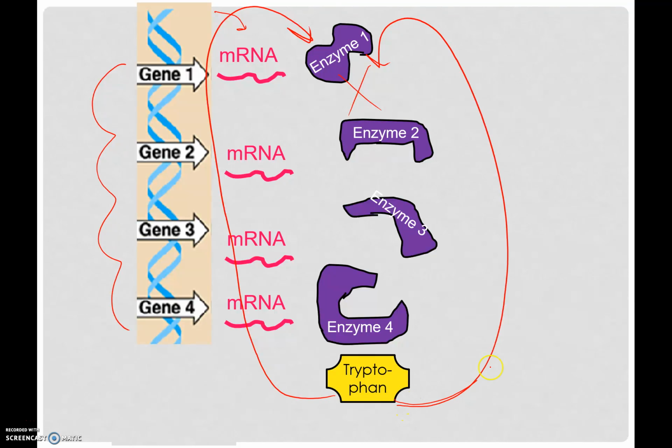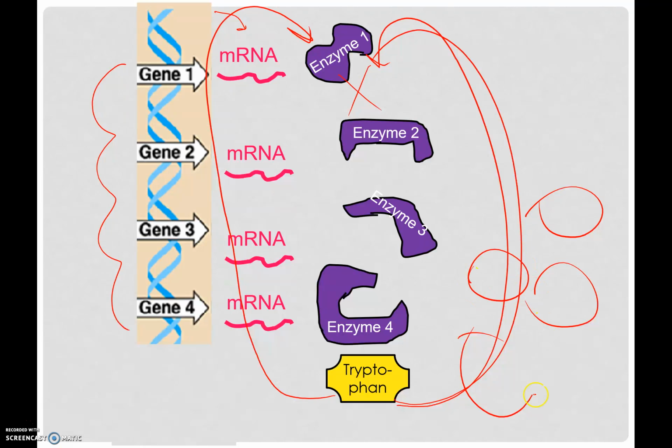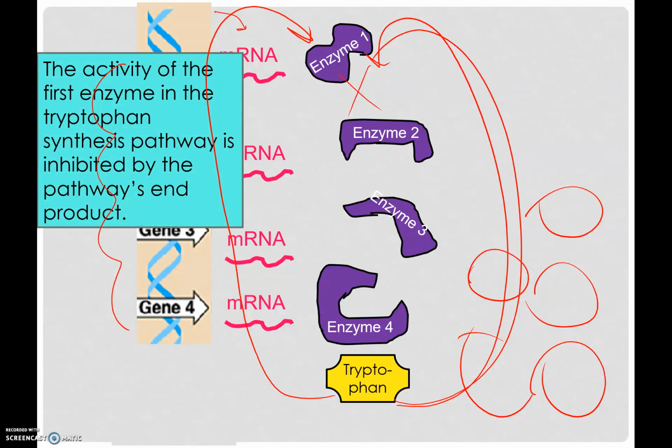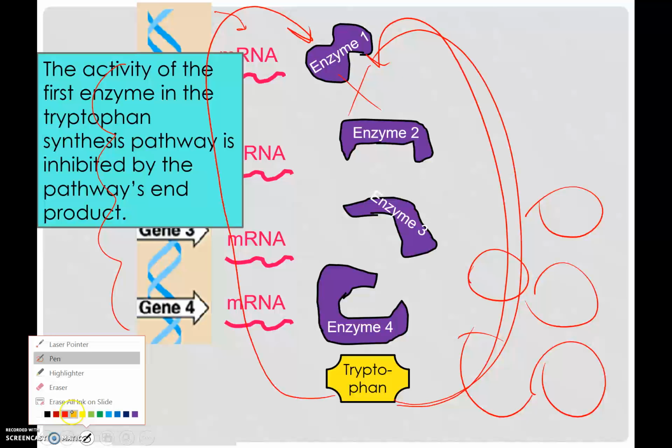But the product will only feed back and inhibit if you have a whole lot of the product. And it's a temporary shutdown of the pathway so the bacteria doesn't waste its resources continuously building tryptophan when it has sufficient amounts.